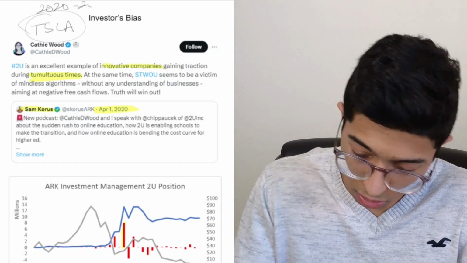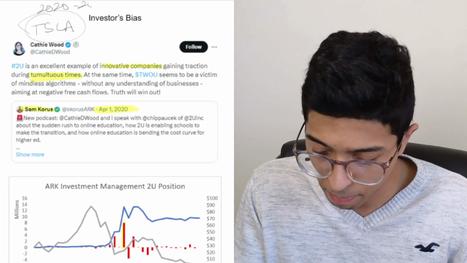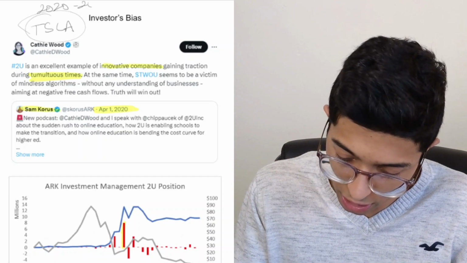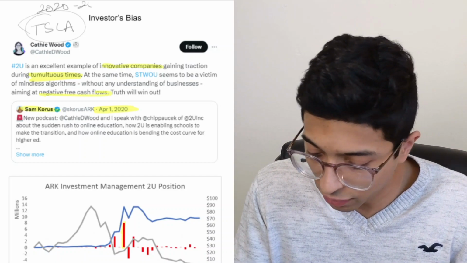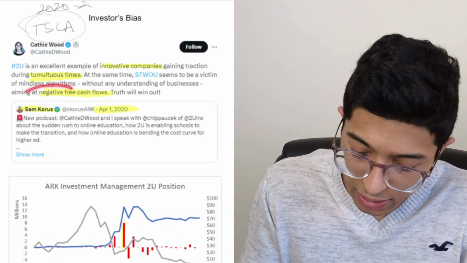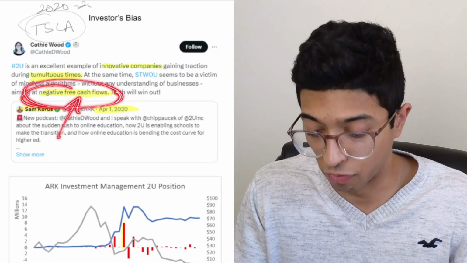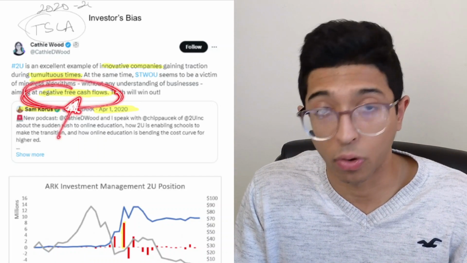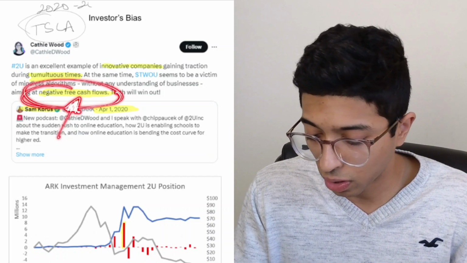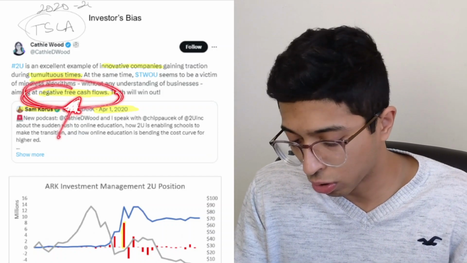So here they say 2U could be a victim of some mindless algorithms without any understanding of the business, aiming at negative free cash flows. Well, yes, this is true. We're going to see that this company is very, very negative when we think about earnings. And likewise, its cash flows and its ability to generate cash is not too attractive.